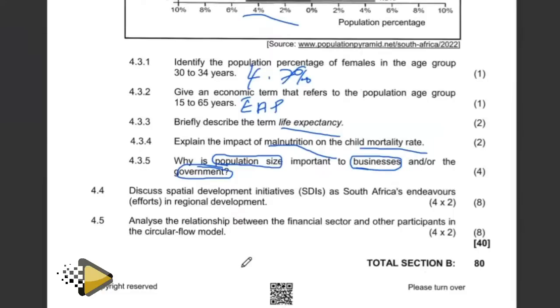If you still remember, under the money market, short-term loans are traded, but under the capital market, long-term loans are traded. In short, if we have a powerful financial sector in our economy, we are going to attract most of the foreign direct investment. And the moment an economy has most of the foreign direct investment, local businesses are going to improve. Also, there is going to be a creation of employment.